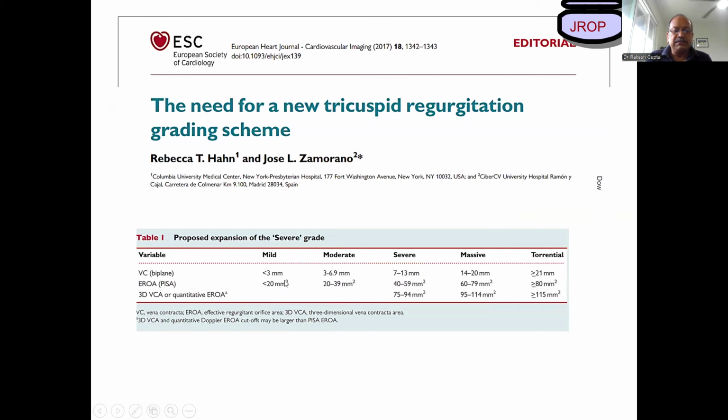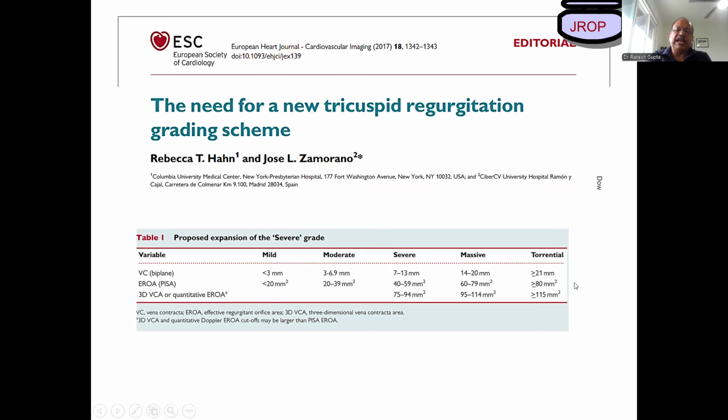So less than 3 is mild, 7 is moderate, 14 is severe, less than 21 is massive, and more than 21 is torrential. Any one of you can get up and ask me, what is the outcome of this mild, moderate, severe, massive, and torrential?